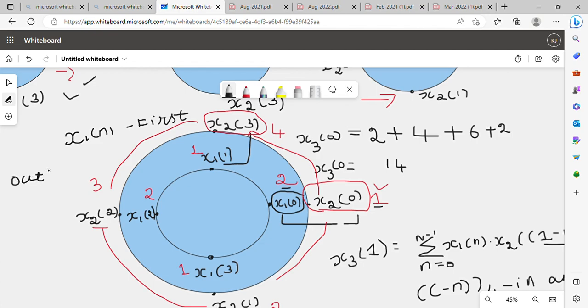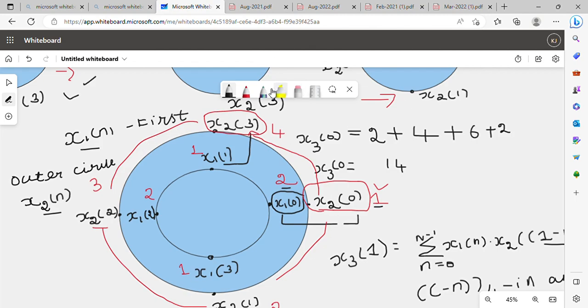That is, x1 of n is plotted as an inner circle and the outer circle is x2 of n. So the inner circle is x1 of n, the outer circle is x2 of n. If you know these things, you can easily crack it. That is why I'm telling you each and everything clearly. I just explained it in detail, and now I'm telling it in a clear manner. This circle is x1 of n and this outer circle is x2 of n.